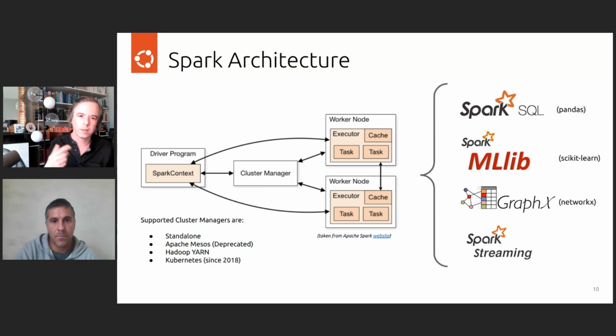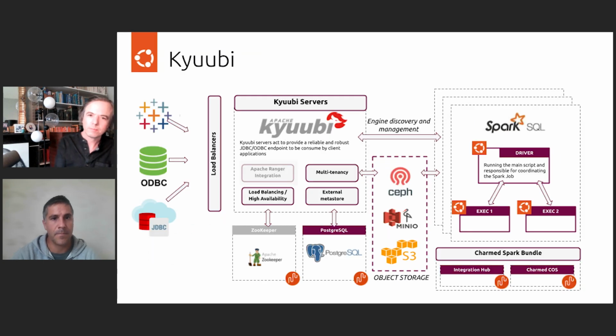Executors then run tasks. They can run many tasks. Each task is a unit of work in a Spark job. Each task will typically take up a slice of data and do something with it. And that's more or less the architecture. It does have some caching capabilities as well in order to accelerate its performance. Now we can move to the next slide.